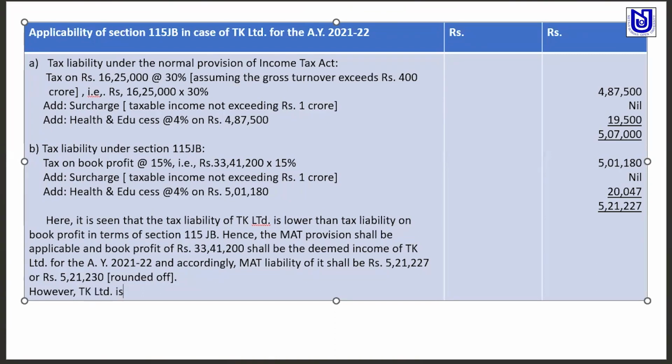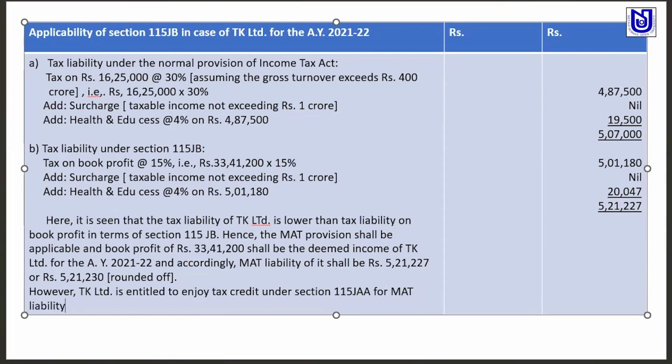However, TK Limited is entitled to enjoy tax credit under section 115JAA for MAT liability by paying excess amount of rupees 14,230.